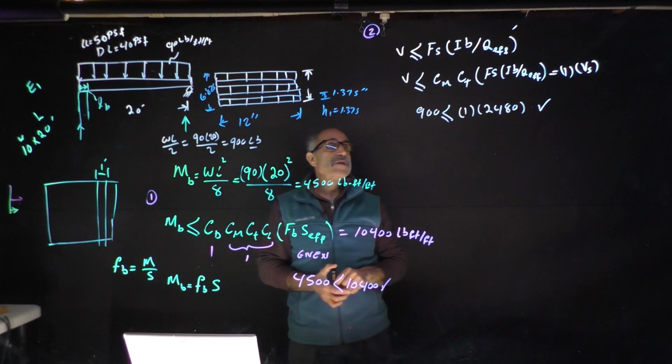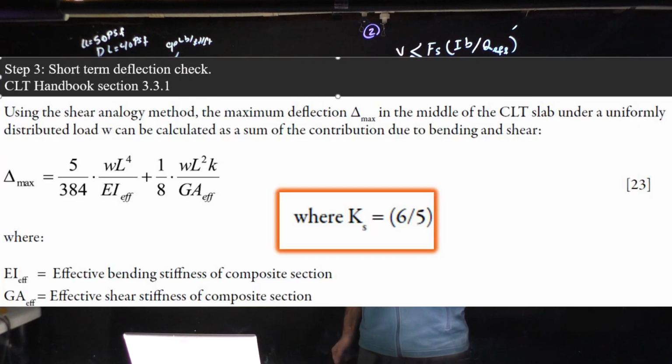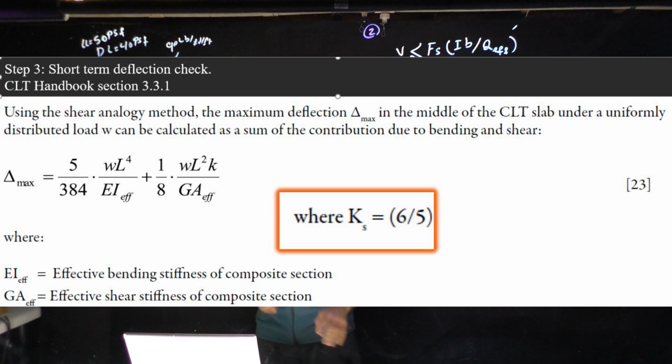Step 3, let's go ahead and find the deflection. It is 1/8 times WL squared times K, and K usually is given, it's 6/5, times K divided by GA effective. Most of this stuff is given from the table, so let's go ahead and figure it out.